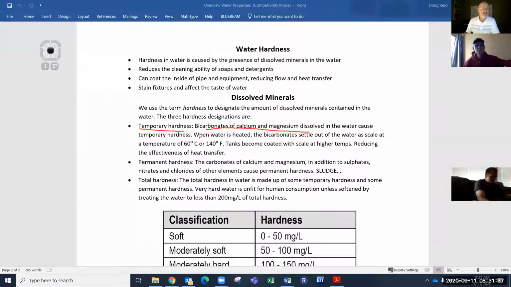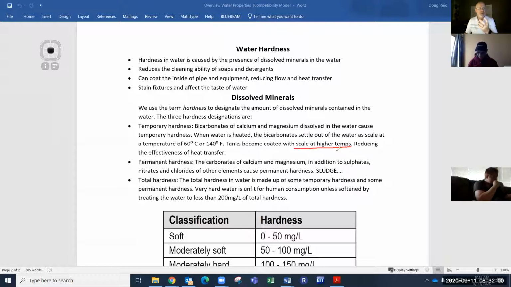When water is heated, this settles out as scale. And right at that temperature of 140 degrees, what do we set our hot water tanks to? 140 degrees, okay? So tanks become coated at higher temperatures.